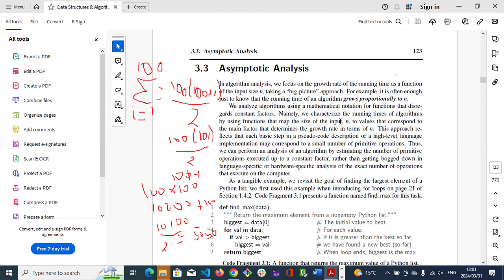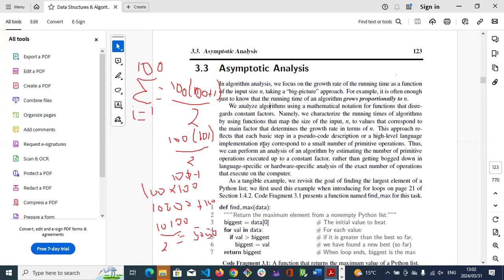We analyze the algorithm using mathematical notation for functions that disregard the constant factors. Namely, we characterize the running time of the algorithm by using functions that map the size of the input to the corresponding running time, the main factor that determines the growth rate in terms of n.